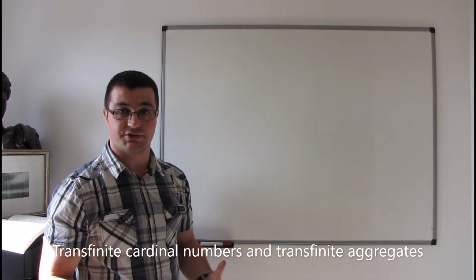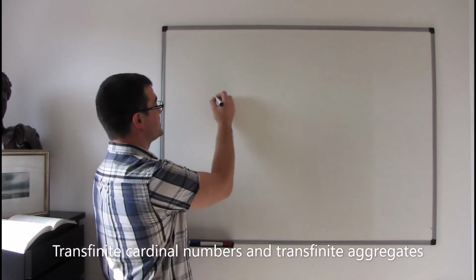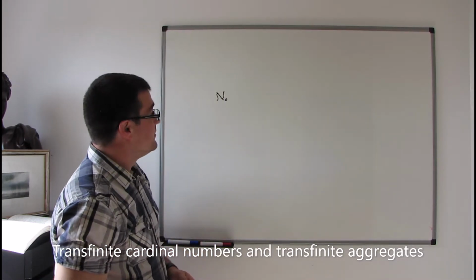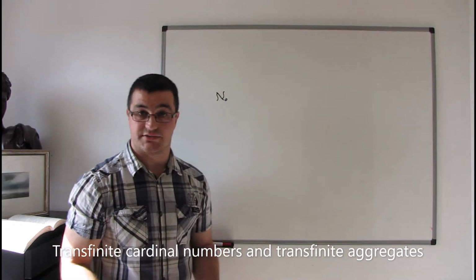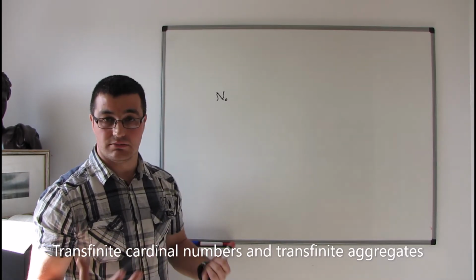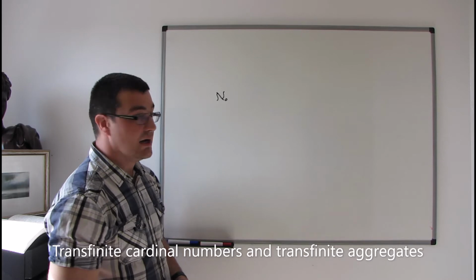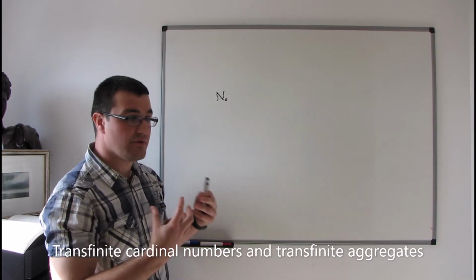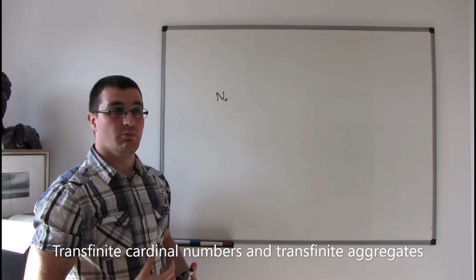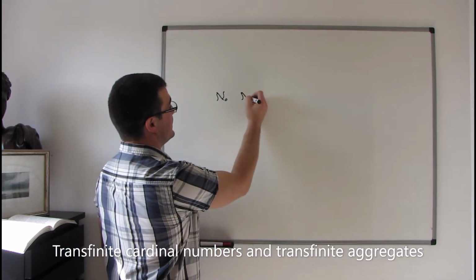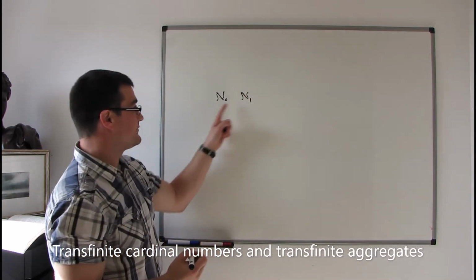So we've already got the first transfinite cardinal, Aleph naught, sussed out to a certain extent, and this is the smallest transfinite cardinal as we've seen. Cantor says, without really elaborating on it too much, that from this Aleph naught we can get another transfinite cardinal, Aleph 1, which is different to Aleph naught.